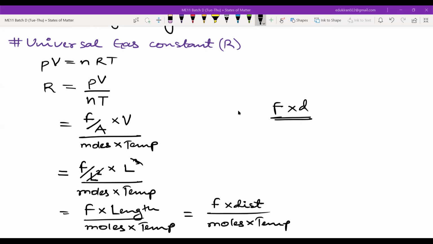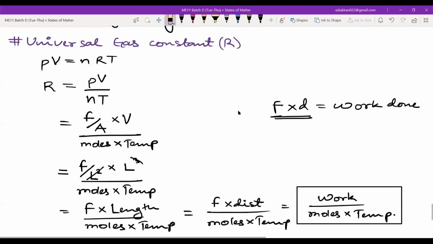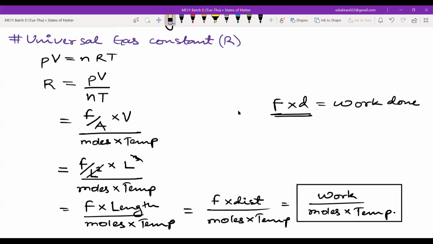F into D is the work done. Hence this will be equal to work divided by moles into temperature. Write this much first. So this is R. This is the significance of R. This is what R means: work upon moles into temperature. In terms of math, but we will write it down. What does it mean, this work upon moles into temperature?